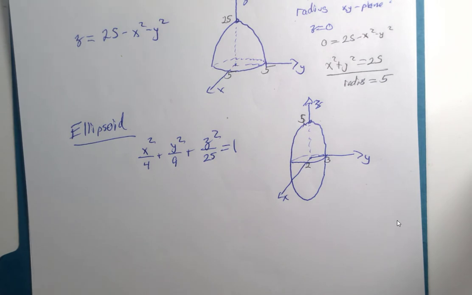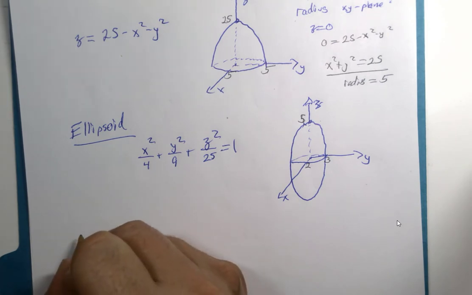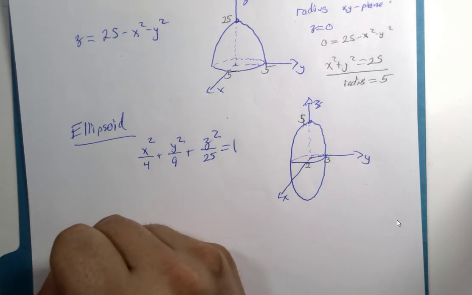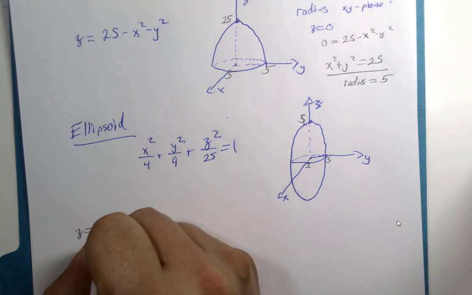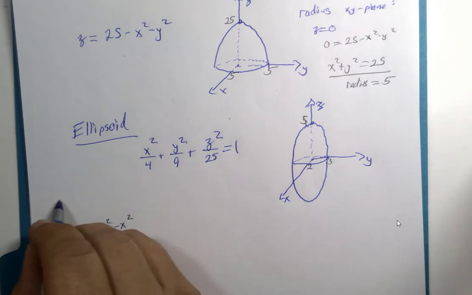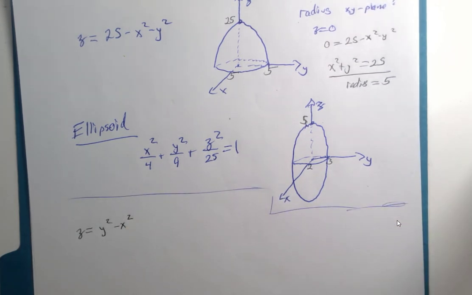All right. I kind of feel like I need to do this one. Z equals y squared minus x squared. For this particular term, you need to check with the instructor whether you're going to need to know how to graph this one.